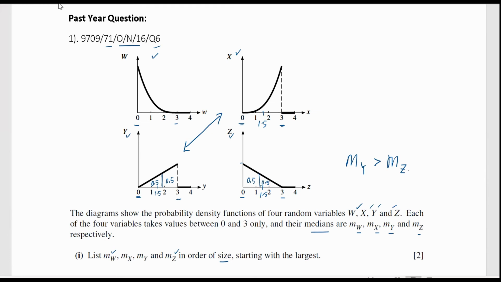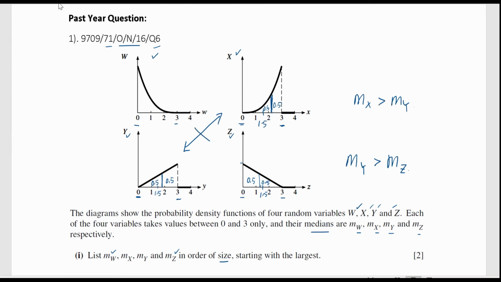So that the area under the graph of the median will be equal to 0.5 each. So by looking at this, we know that the median of x must be greater than median of y.